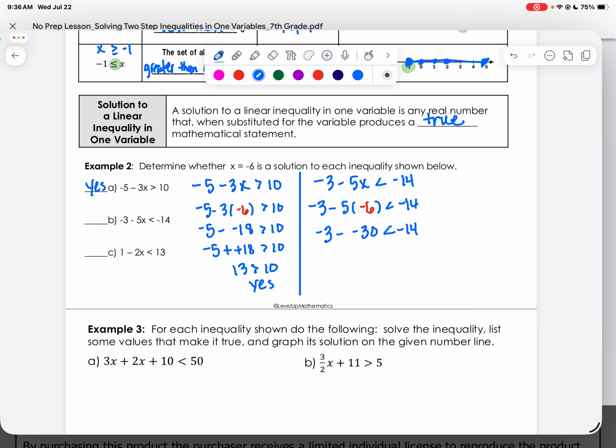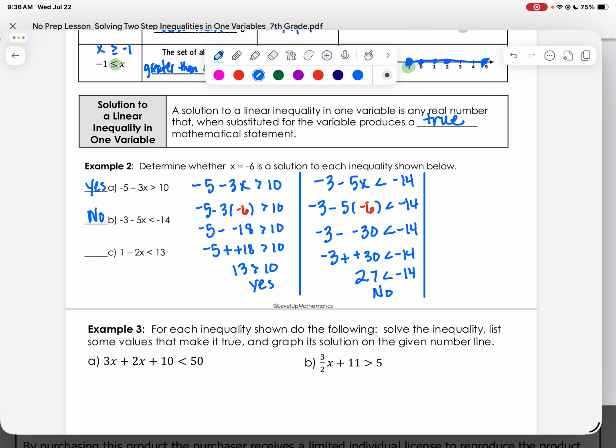I'll rewrite the subtraction as addition of the opposite. Negative 3 plus 30 is 27. Now ask yourself, is 27 less than negative 14? No. So no, this is not a solution.